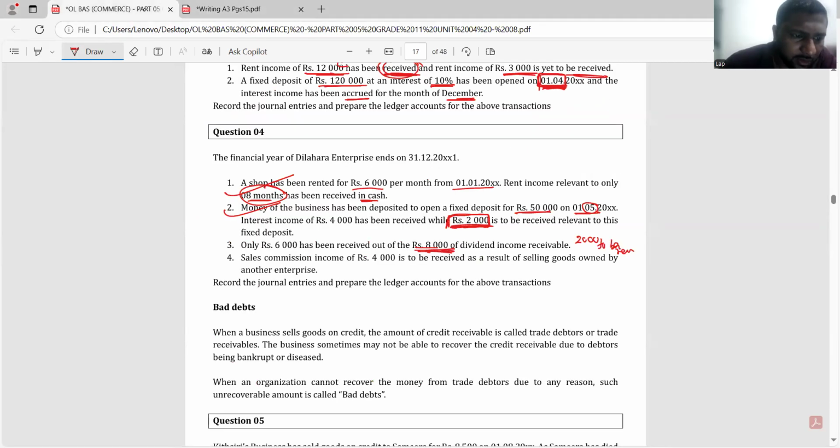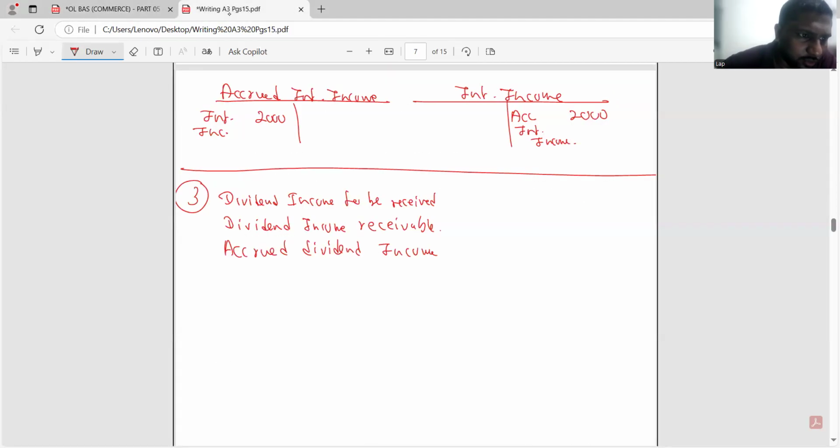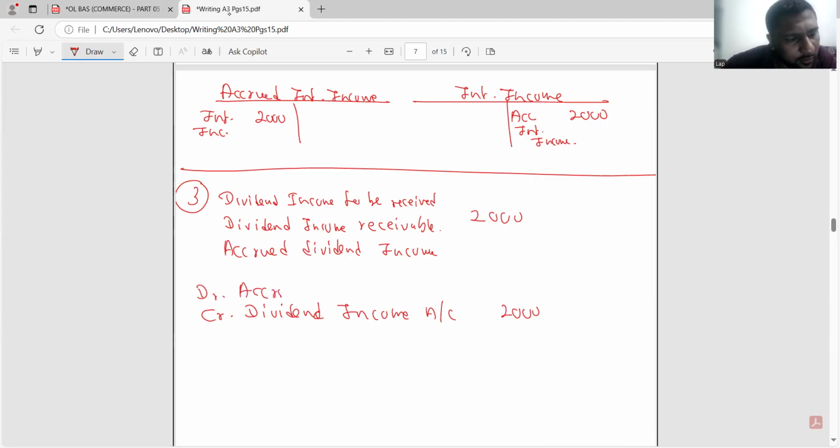From 8,000, only 6,000 received, then 2,000 to be received. Then credit the dividend income account 2,000. Debit the accrued dividend income account 2,000.